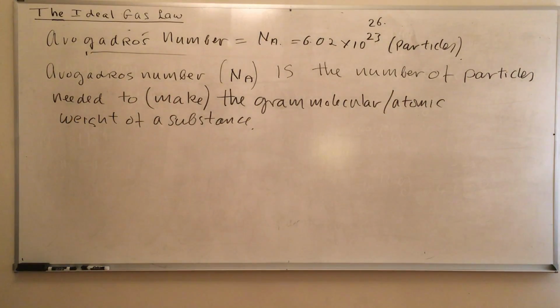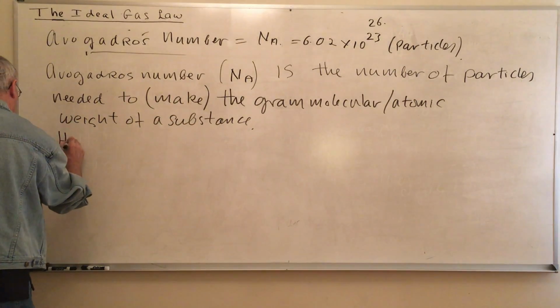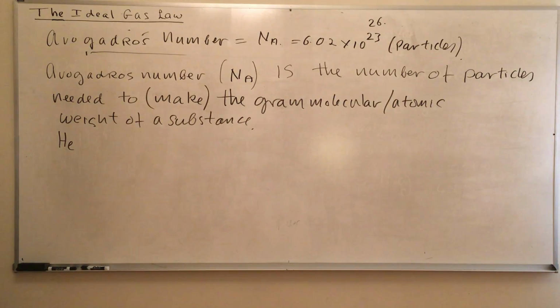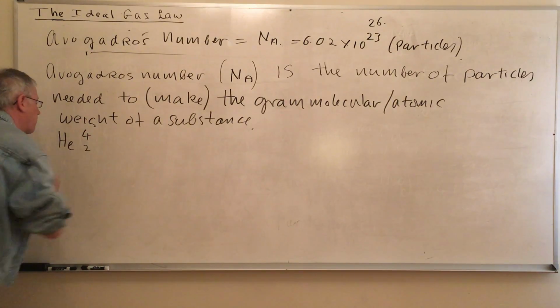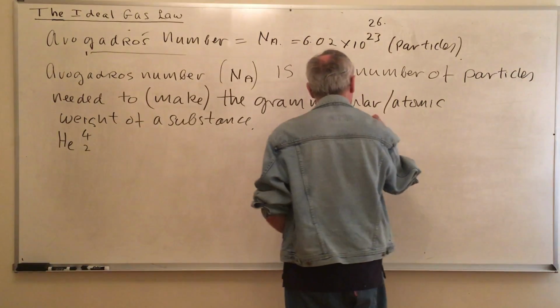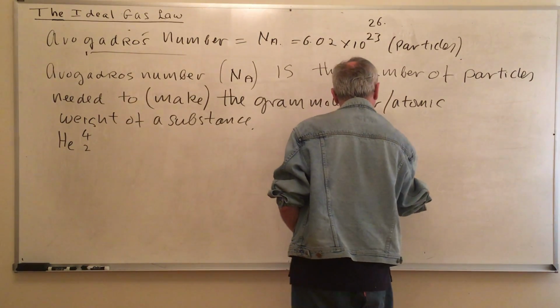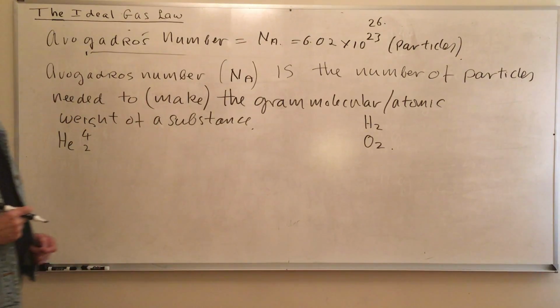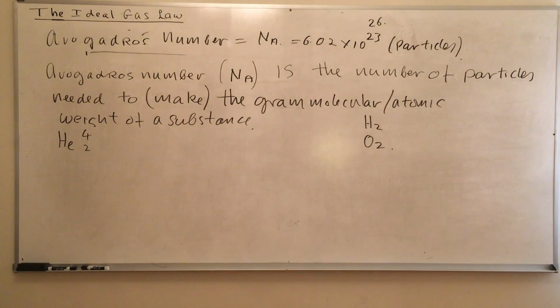Alright, so let's look at helium. I write helium because we can have atomic helium in a box. Hydrogen gas is H2. Oxygen gas is O2. We don't have those existing as atomic in a box.